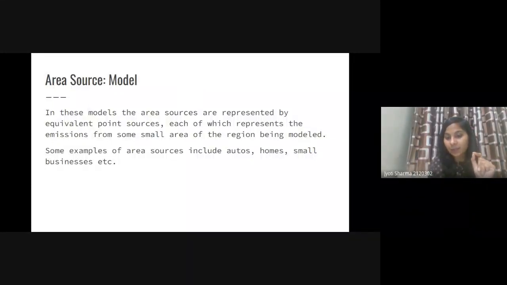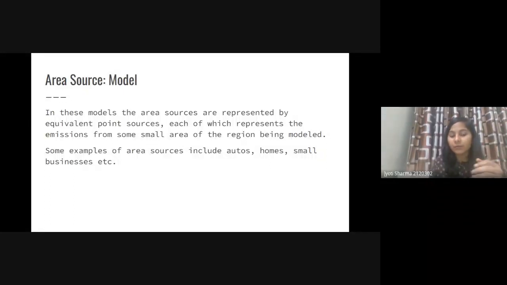This single point is a virtual point that doesn't exist, but we have to calculate that virtual point source. That point source will give you the area source, and this area source will give some pollutant to the receptor.